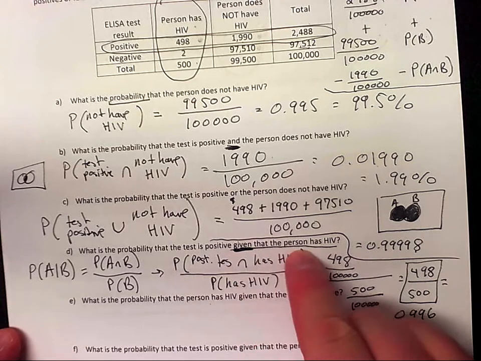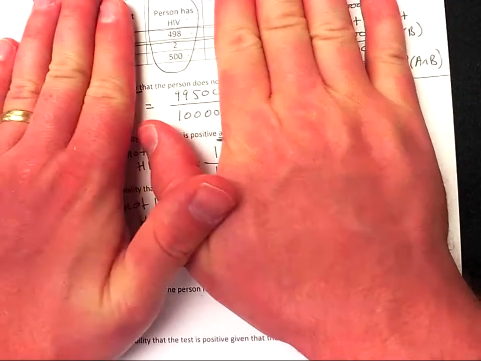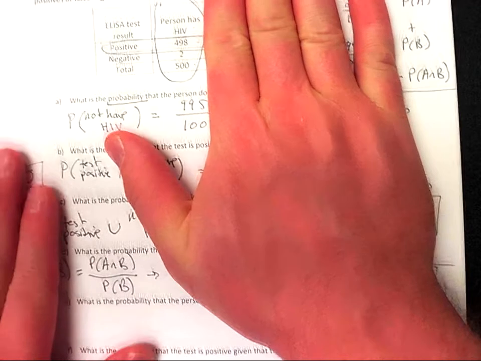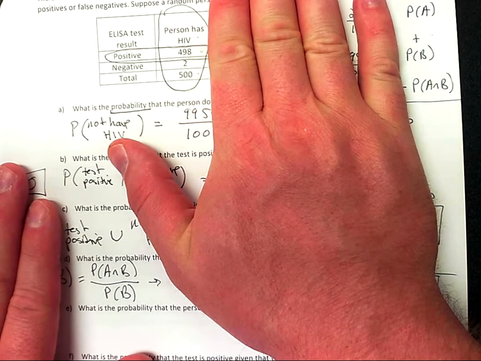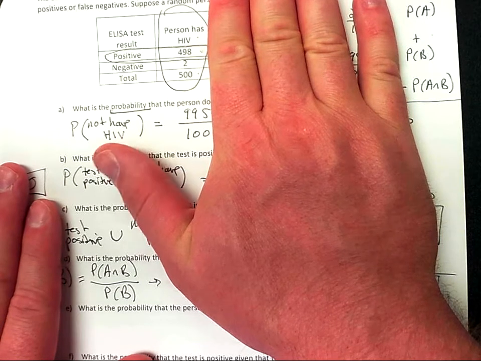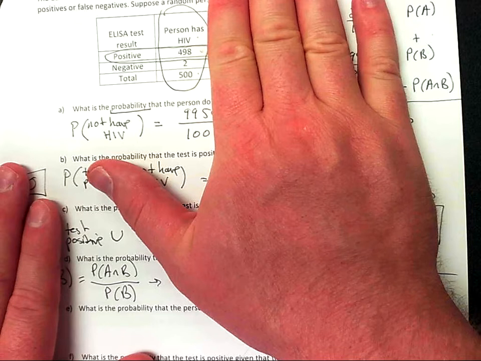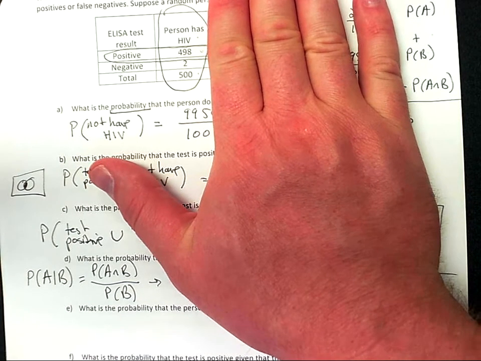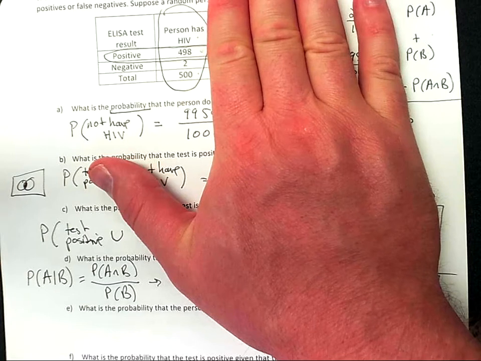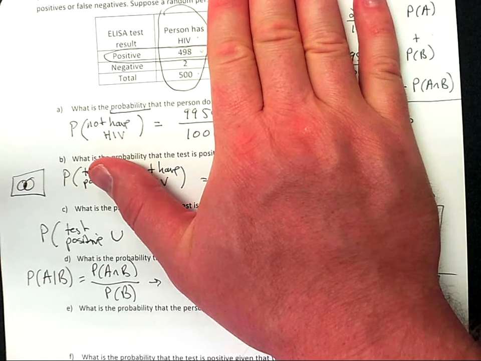If it says, given that the person has HIV, the only thing that you can focus on is just the information where it says that these people have HIV, right? Just this one column right here. Now if I asked you, what's the probability that you get a positive test result in this column, what would you say? 498 over 500. Are you guys good with that? A lot quicker, a lot simpler.